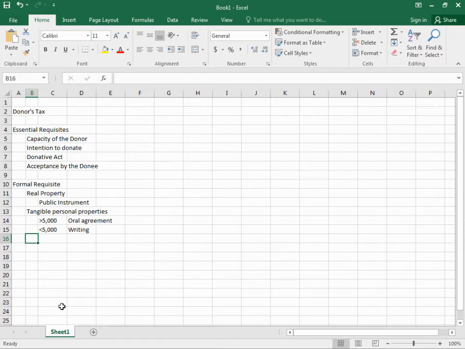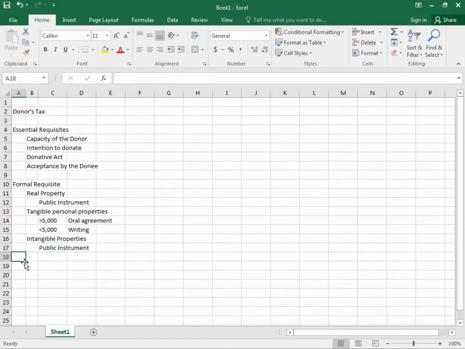Okay? So, lastly, if the property is an intangible property. So, kapag intangible properties, ano bang proof of ownership mo dito, di ba? Any public instrument din. So, paano mo siya ita-transfer? Dapat through public instrument din. Okay?